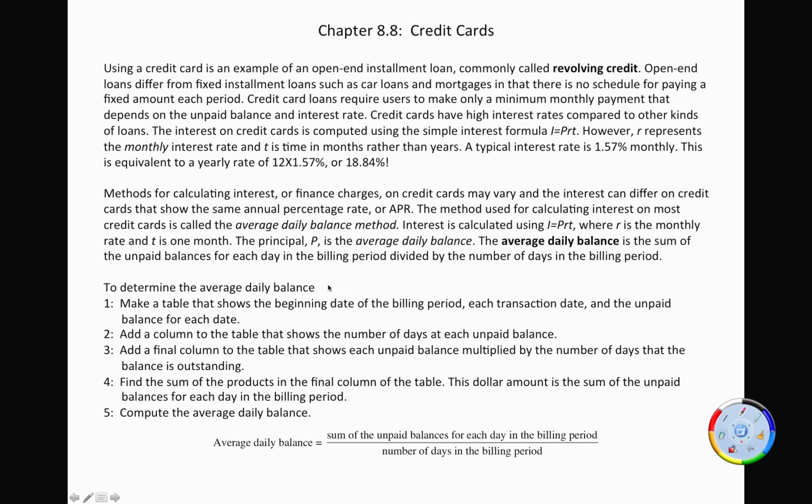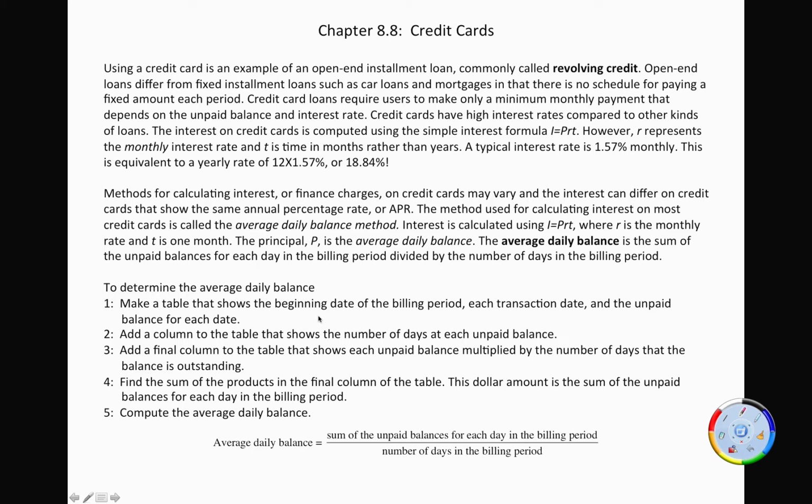So to determine the average daily balance, you need to make a table that shows the beginning date of the billing period, each transaction date, and the unpaid balance for each date. Add a column to the table that shows the number of days at each unpaid balance. Add a final column to the table that shows each unpaid balance multiplied by the number of days that the balance is outstanding.